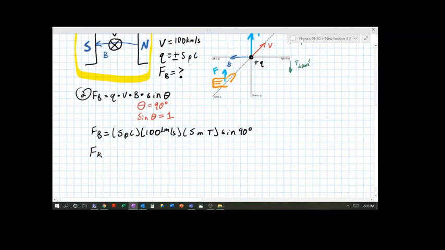We need to convert these first before we multiply. So pico is times 10 to the negative 12th. Kilo is times 10 to the third. Milli is times 10 to the negative third, and the sine of 90 degrees is just 1.